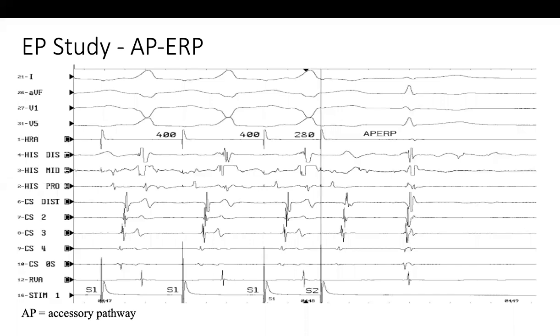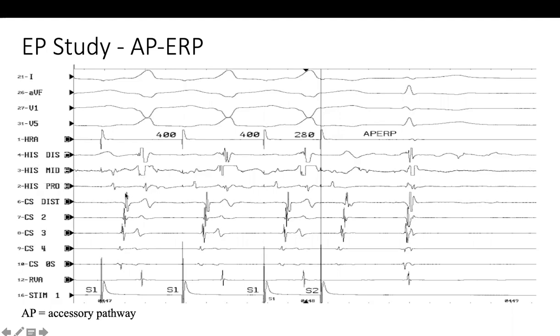So assume we don't have this surface ECG. How can we say this is an accessory pathway? The relationship between the atrium and ventricle. Actually, it is difficult from this. Yes, it's definitely difficult.